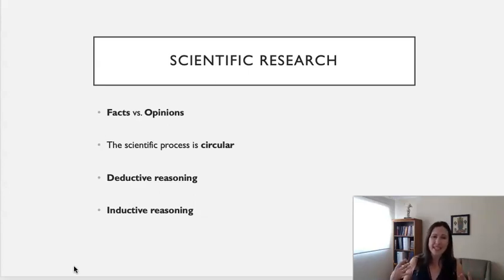They tend to be less accurate, potentially, than the deductive reasoning answers. So, for example, if my kids say, my mom has earrings, so all moms must have earrings. That would be inductive. I'm going to make this broad generalization because of this one observation. Not necessarily true.